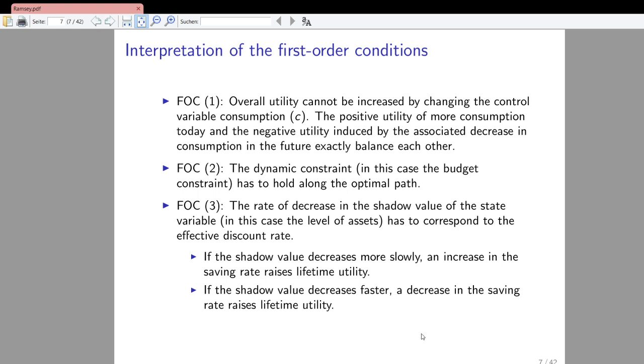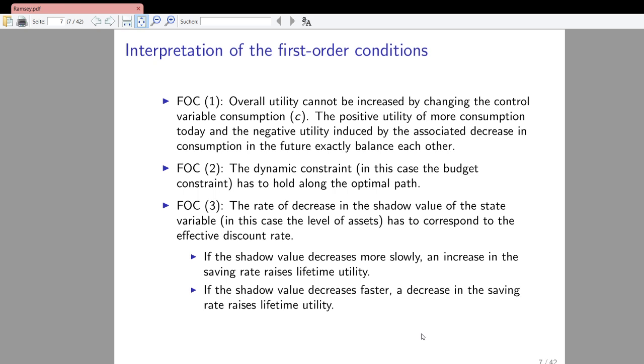On the other hand, if the shadow value decreases faster than the effective discount rate, I could reduce my saving rate and increase my lifetime utility, because in this case I save too much in a certain sense, and so decreasing the saving rate would lead to an increase in overall lifetime utility.